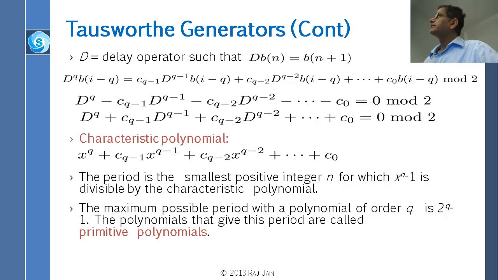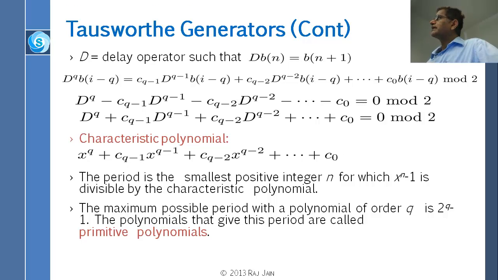So d raised to q bn minus q is, and so on and so forth, with d raised to q minus 1, bn minus q. If I take out this common term, bn minus q, and bring it to one side, we get d raised to q minus c q minus 1 d raised to q minus 1, and so on and so forth, equal to 0.